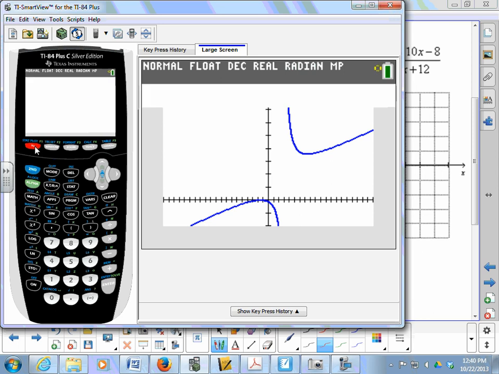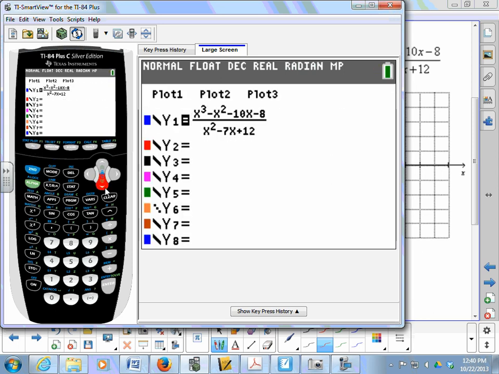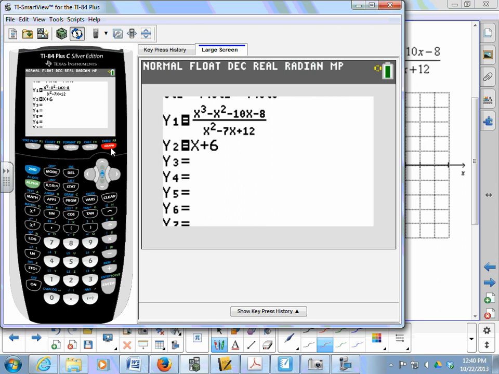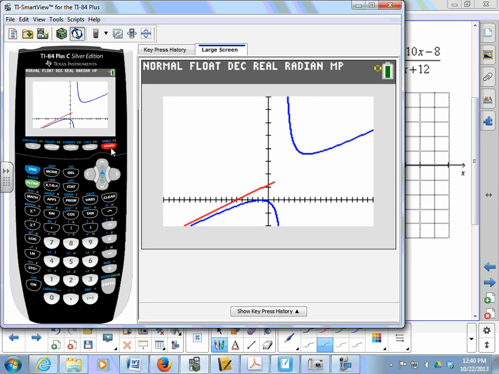Now go to Y2. What was my asymptote I got for the end behavior? X plus 6, right? So I'm going to put in Y2, X plus 6, and watch what happens. So that does represent my asymptote.